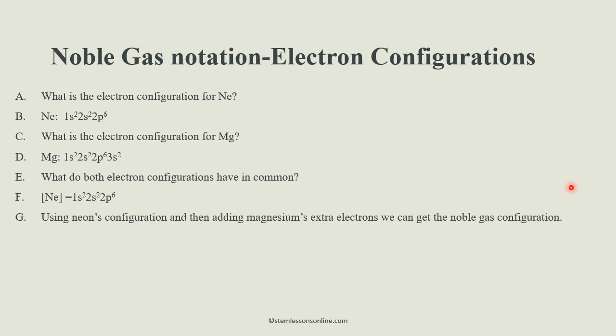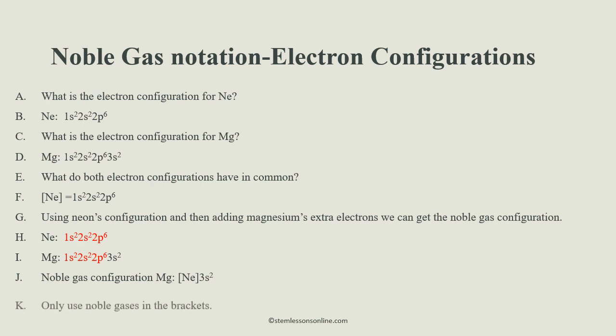So using neon's configuration and then adding magnesium's extra electrons, we get the noble gas configuration: Ne in brackets and then 3s2, because this Ne configuration is the same as the core electron configuration for magnesium.